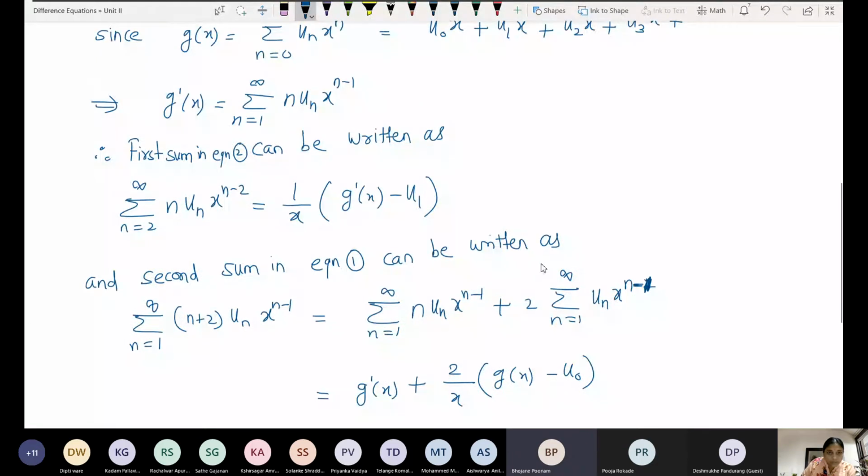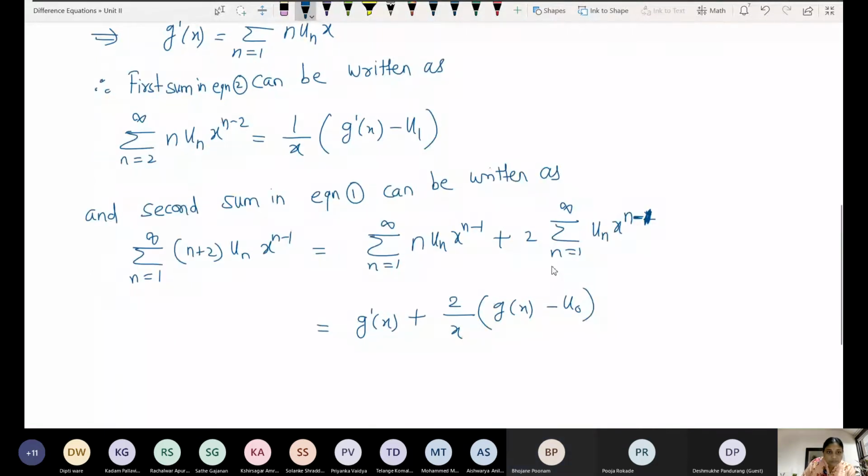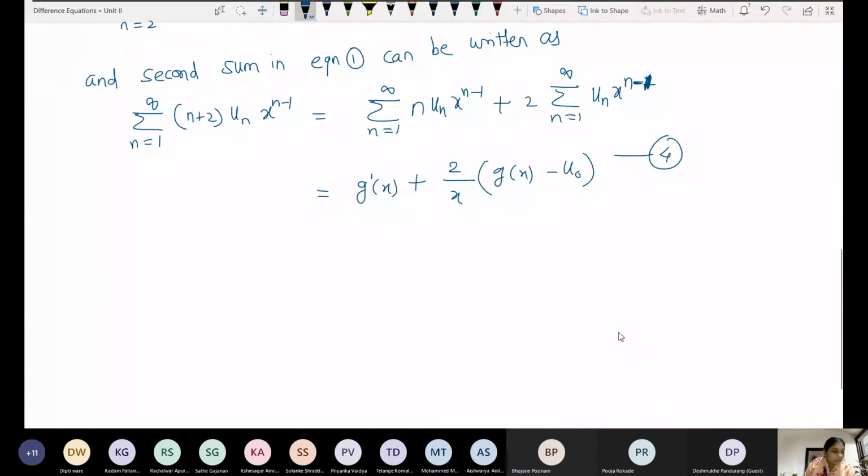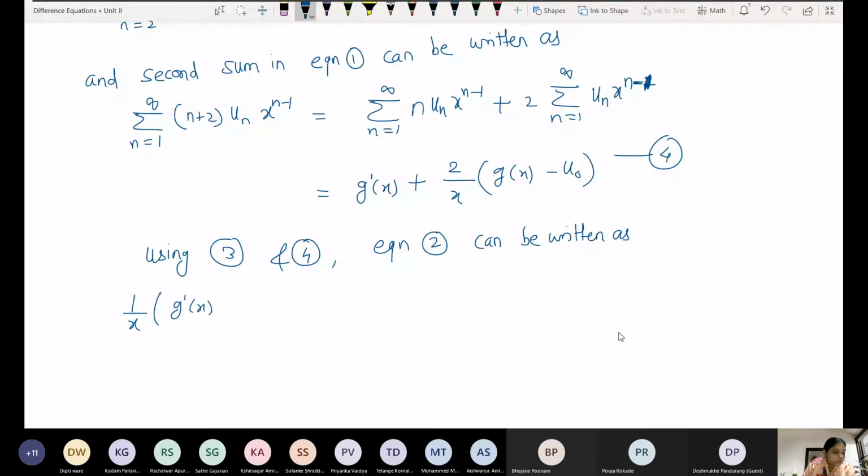Using 3 and 4, equation 2 can be written as: first term is 1 by x g dash of x minus u1, minus g dash of x minus 2 by x g of x minus u0, and what is the last term? 2 times g of x is equal to 0.